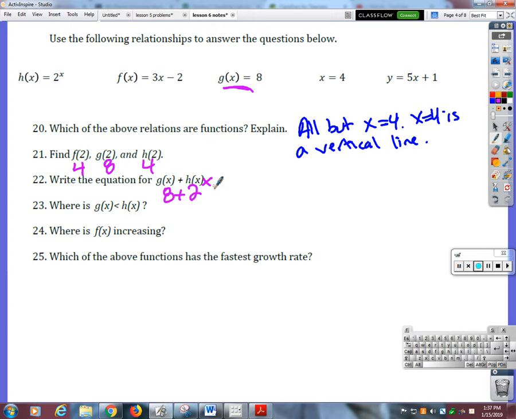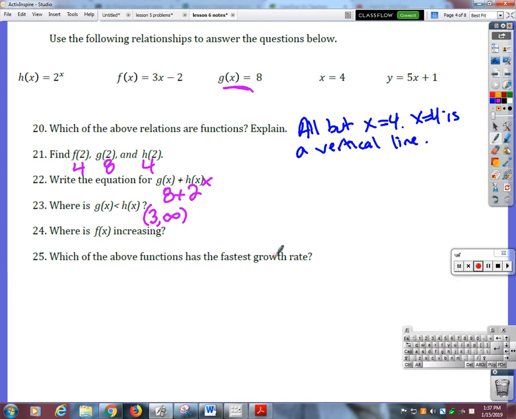So when is h bigger than that? For bigger numbers of x or smaller numbers of x? If I plug in 2, then 2 squared is 4. Is 8 less than 4? No, other way around. So above 3. So that would be from 3 to infinity, I guess.